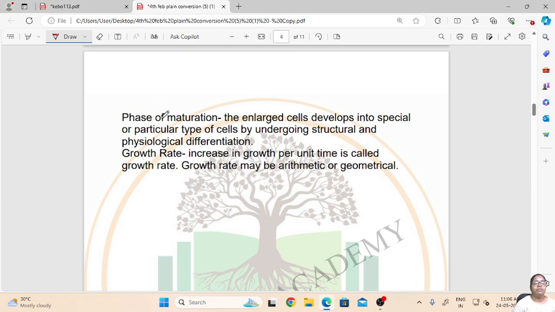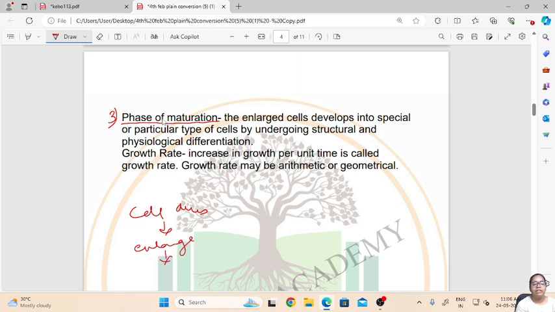Now comes the third phase, that is the phase of maturation. So in the phase of maturation, the enlarged cells develop into a special or particular type of cell by undergoing structural and physiological differentiation. Now first we have seen the cell divides, then the cell enlarges.